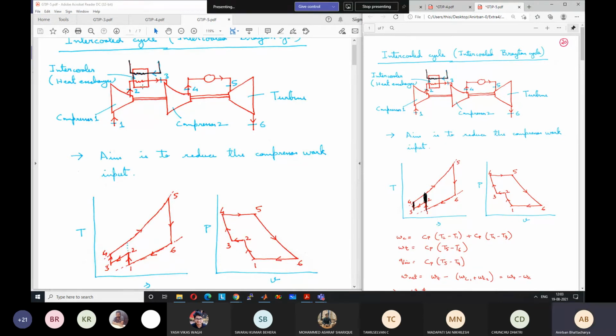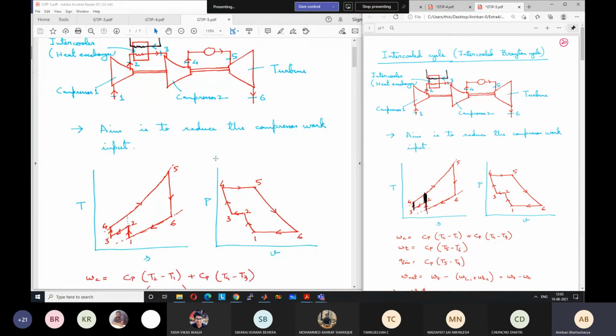We will see later that intercooling is very effective when combined with regeneration, because the compressor exhaust occurs at a low temperature, so we get much more scope for regeneration with intercooling. So intercooling is very effective with regeneration. That's why intercooling is not entirely useless. It's also quite useful.